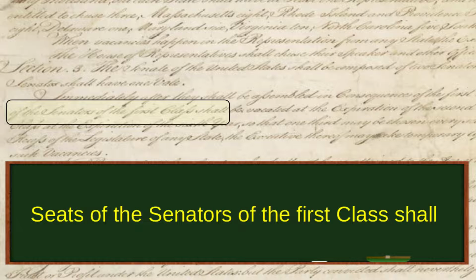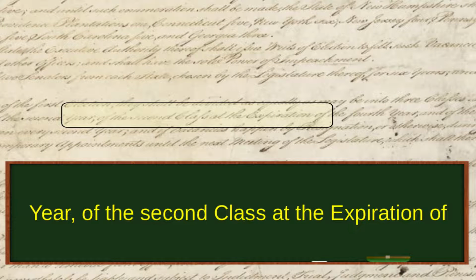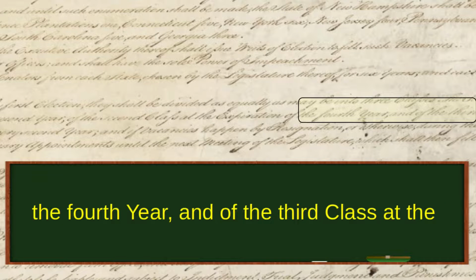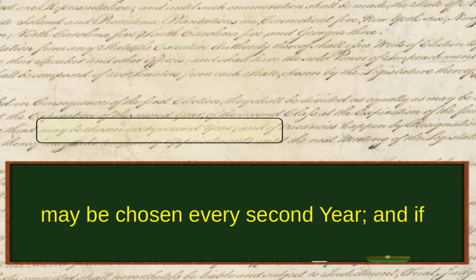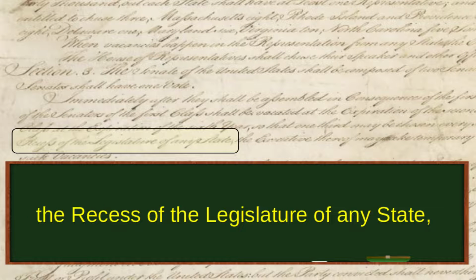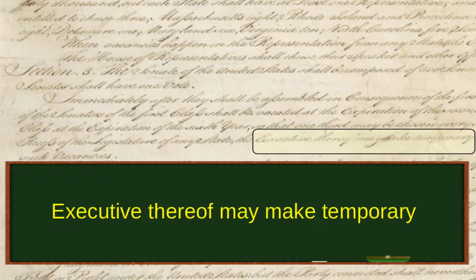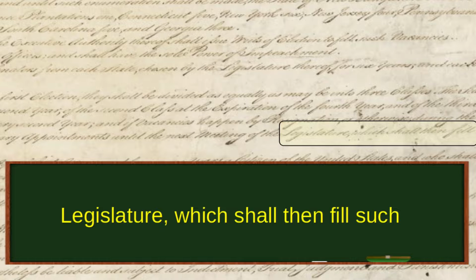The seats of the senators of the first class shall be vacated at the expiration of the 2nd year, of the 2nd class at the expiration of the 4th year, and of the 3rd class at the expiration of the 6th year, so that 1/3 may be chosen every 2nd year, and if vacancies happen by resignation or otherwise during the recess of the legislature of any state, the executive thereof may make temporary appointments until the next meeting of the legislature, which shall then fill such vacancies.